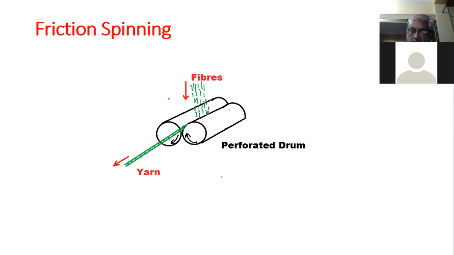But in this case, the twist is not exactly what I have told you. There is a slippage also between yarn and the drums, and that's why the twist is not exactly as I have told you in the formula, that it is dependent upon the yarn revolutions and the withdrawal speed.